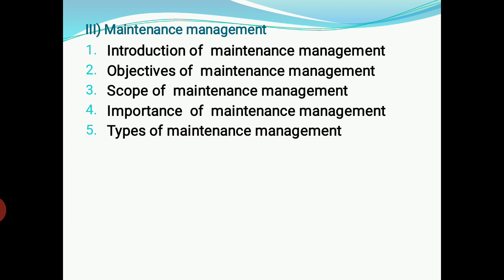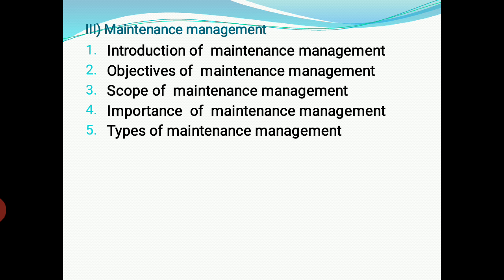Now, once any manufacturer plans to install the capacity, that means plans to install the equipment and machines to produce something, then it becomes a crucial matter for him to see that these machines, these equipments, these processes are in working condition.